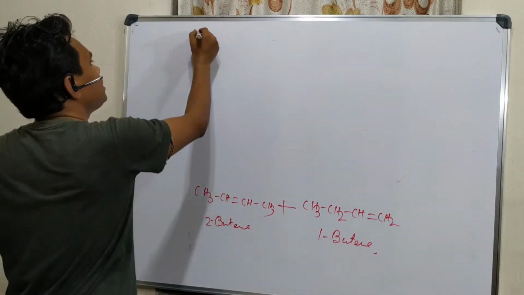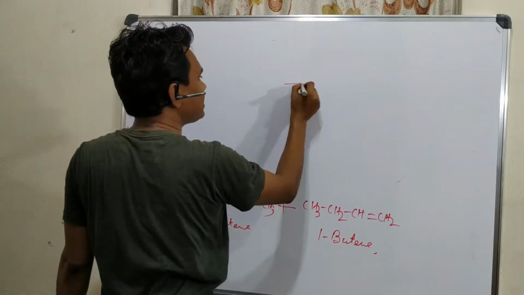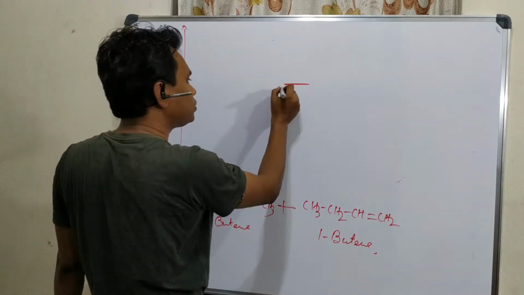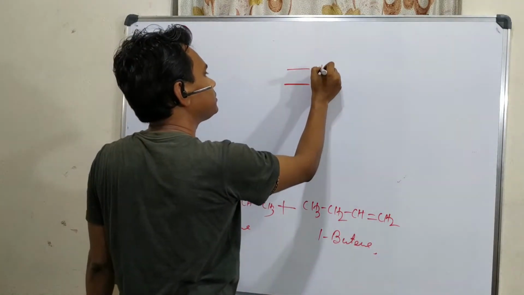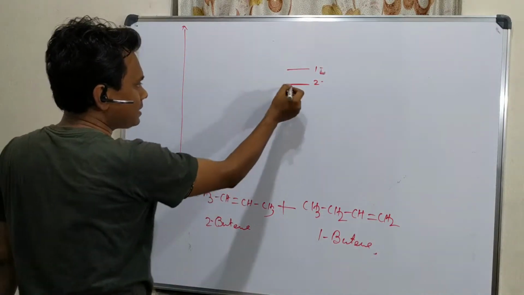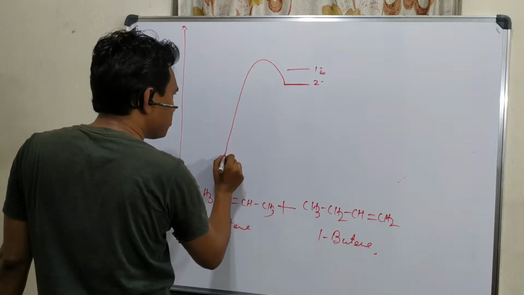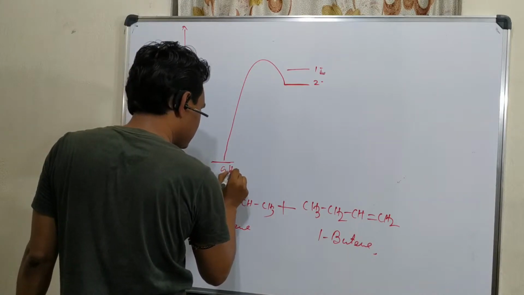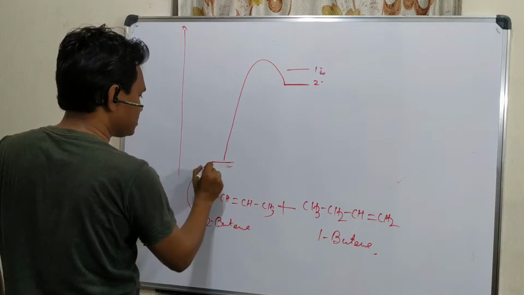What do I mean? If we consider this as an energy axis, and this is the intermediate. This is, for example, for 2-butene, and this is for 1-butene. If this produces 2-butene, it's more stable, so its energy, let's consider, is here.